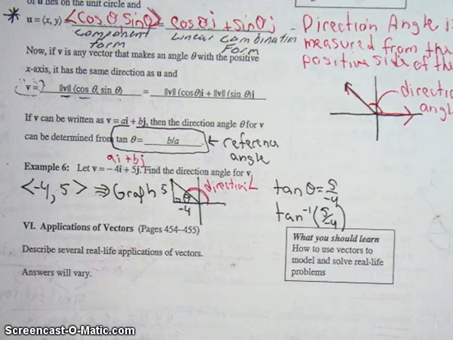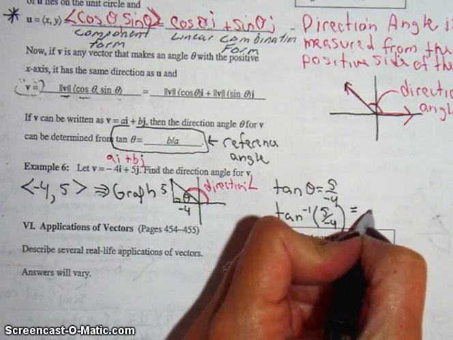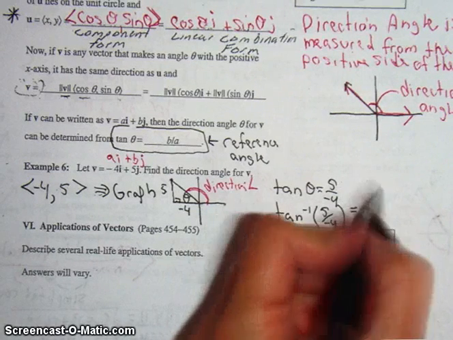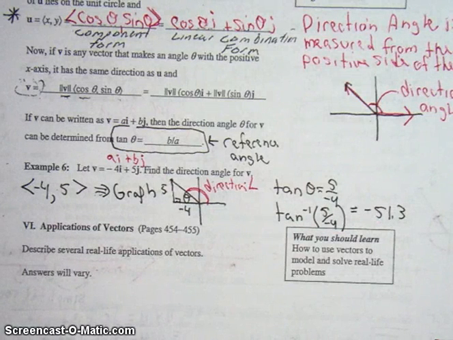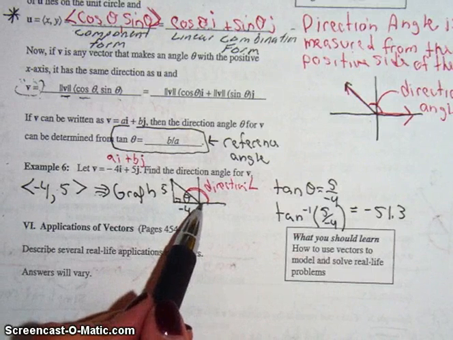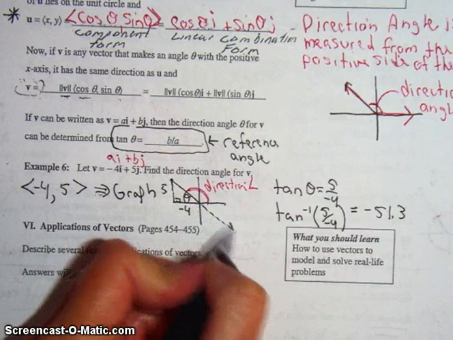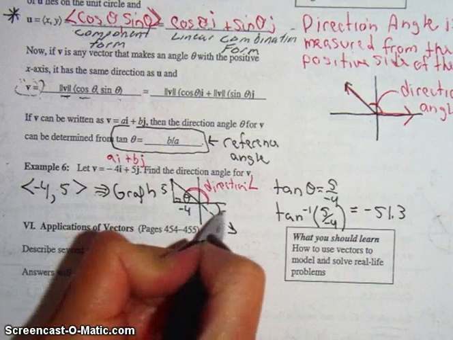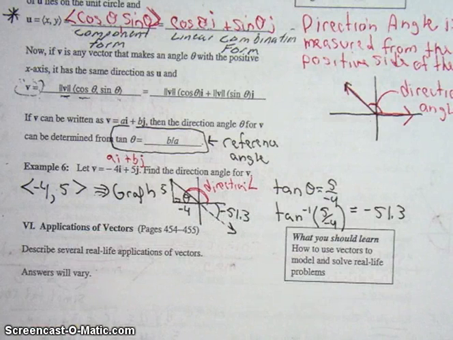Okay, so what did you get, Max? Max got negative 51.3. Now, here's the issue, guys. If you're in the unit circle, negative 51.3 is down there.